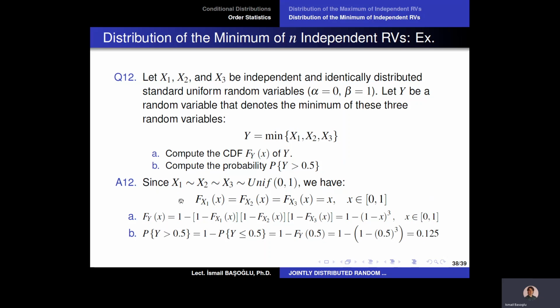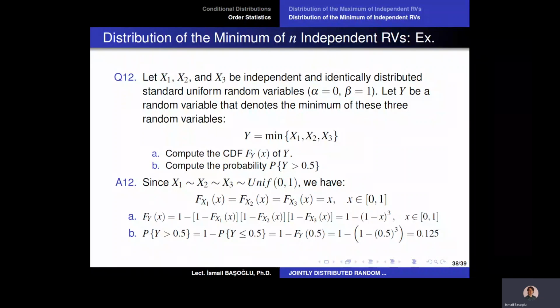And since the second part of the question asks us the probability of y being greater than 0.5, we are going to compute it by subtracting the cumulative probability of y at 0.5 from 1, because this is a tail probability, this is a cumulative probability, and they are the complements of each other. These two events are complements of each other. So 1 minus the CDF value of y at 0.5 means 1 minus (1 minus 0.5) to the power 3. You are basically plugging in the 0.5 value here, and you are additionally subtracting that function from 1. And that probability will be equal to 0.125.